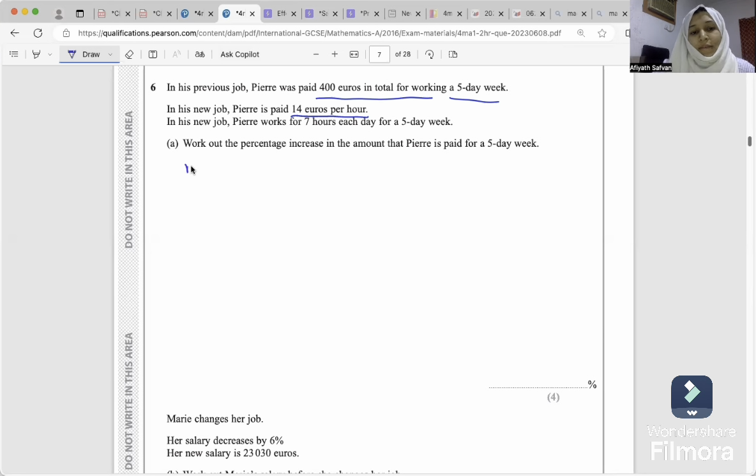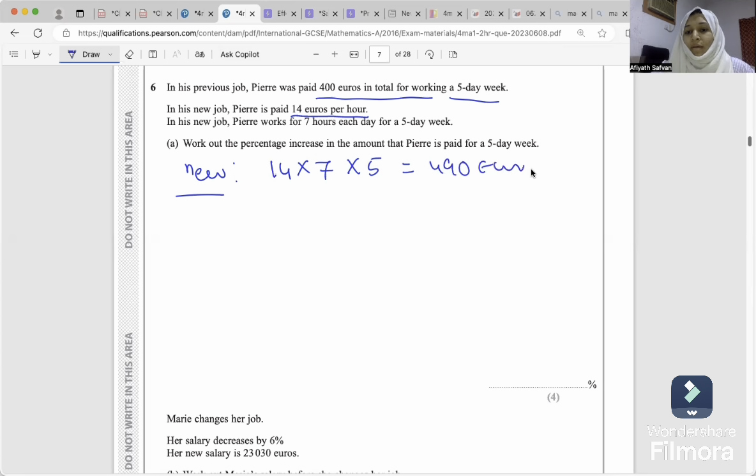So his new earnings is going to be 14 euros per hour. He's working 7 hours in a day and 5 days, right? Therefore, 14 times 7 times 5 gives you 490 euros.